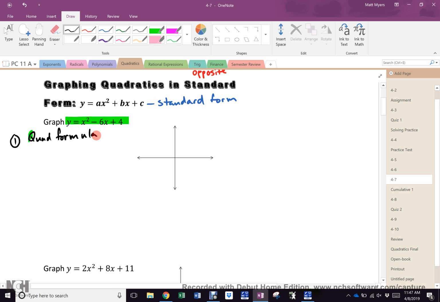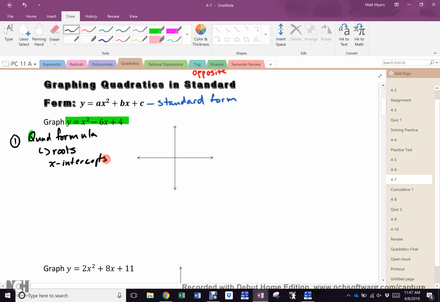And the quadratic formula gets us what piece of information from this parabola? It gets us the roots, right? Now, this will get us the roots, which would get us the x-intercepts, correct?